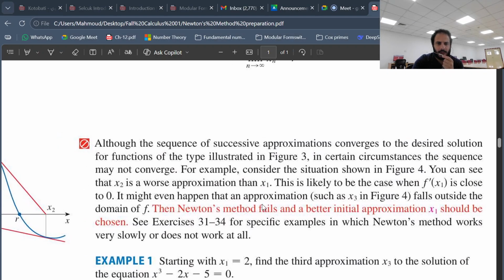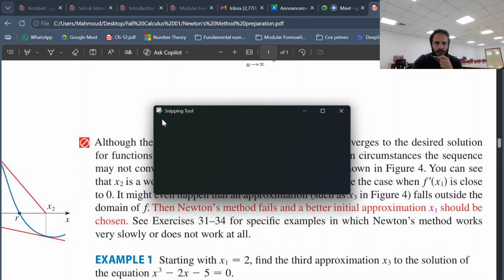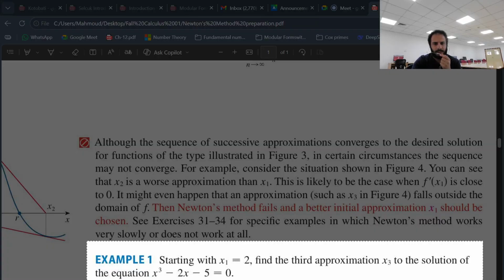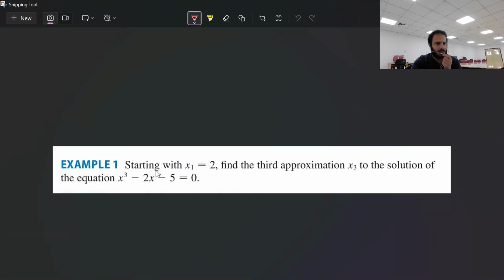Now let's start with example 1. For this you need your calculator, okay? For example here, starting with x1 equals 2, find the third approximation x3 to the solution of the equation x cubed minus 2x minus 5 equals 0.